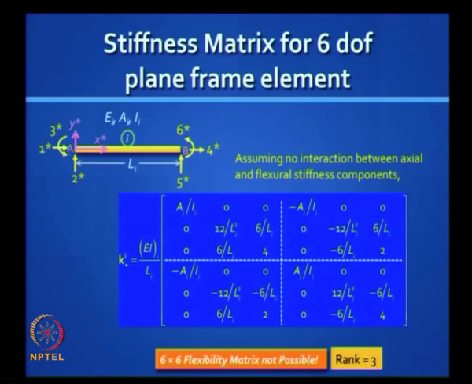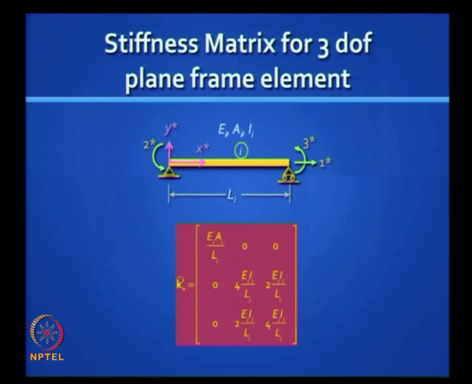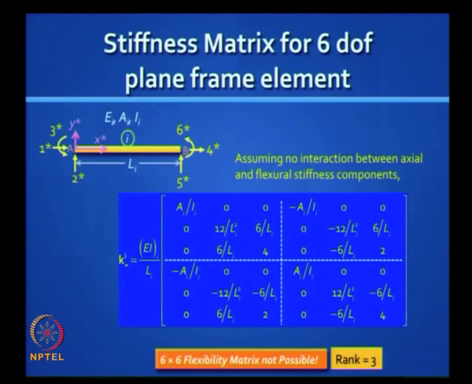So we are now going to use a 3 degree of freedom system, and it is very easy to write down. At this stage you should find it very easy to write down the element stiffness matrix. You can do it from first principles. You can also do it from the 6 by 6 element stiffness matrix. How? Just knock off the irrelevant rows and columns.